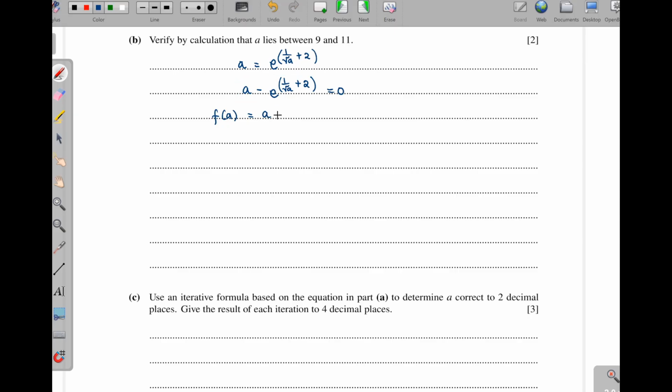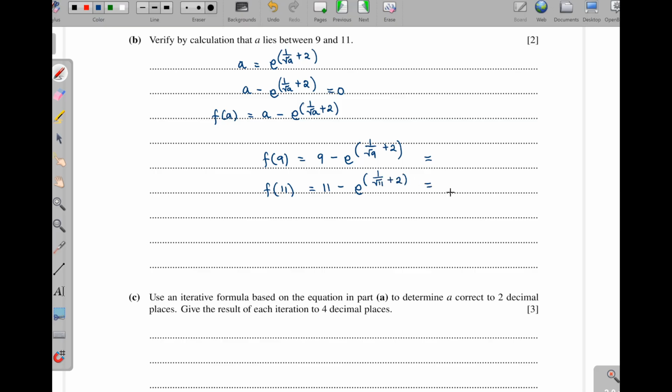So we have a minus e to the power of 1 out of the square root of a, plus the 2 here. Now we put these two values, f of 9. So where there's a, you put a 9, minus e to the power of 1 out of root of 9, plus the 2. We shall get a certain value, whether positive or negative. Then f of 11 will give us 11 minus e to the power of 1 out of root of 11, plus the 2.